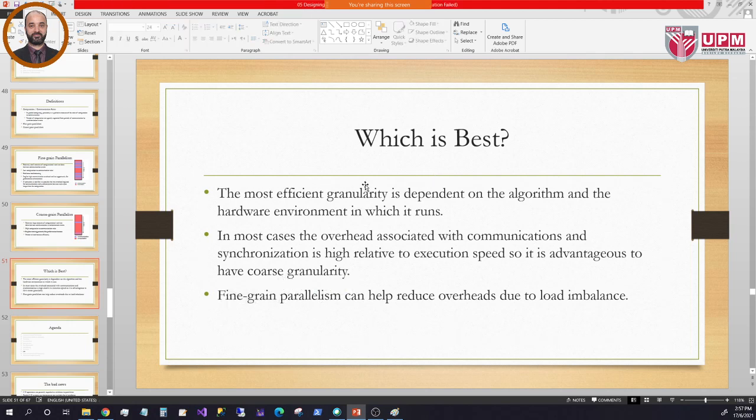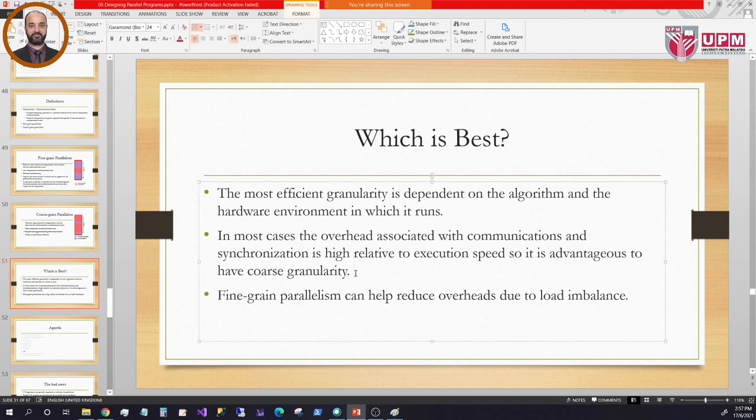Okay, so from here, what we conclude is the granularity actually is dependent on the type or the nature of the program. So in some problems, fine granularity can improve the performance. And in other problems, fine granularity can make it worse and worse because the cost of communication among the tasks is very high.